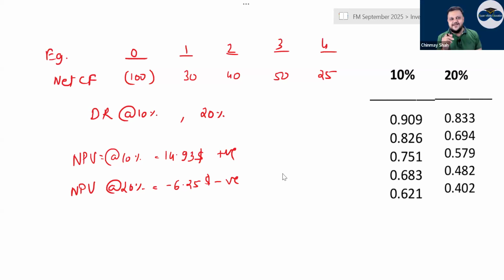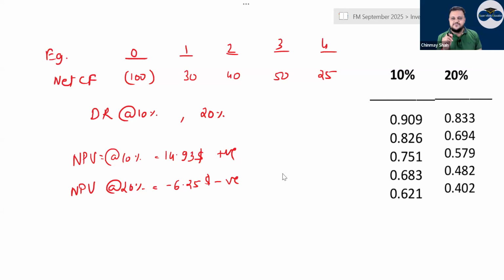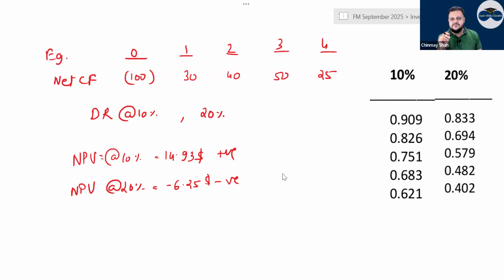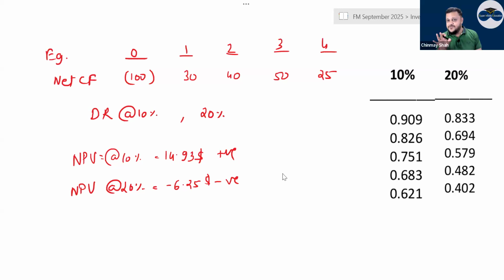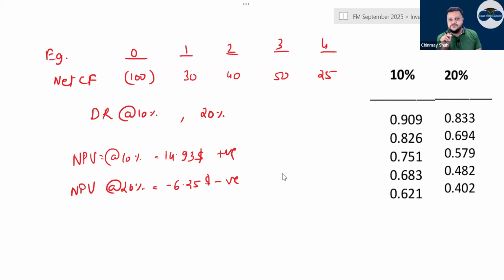Take 30 first. Divide by 1.10. Price is equal to. You must have gotten an answer, correct? Press M plus. Then take 40 on the calci. Don't press anything else, press 40. After pressing M plus, 40.